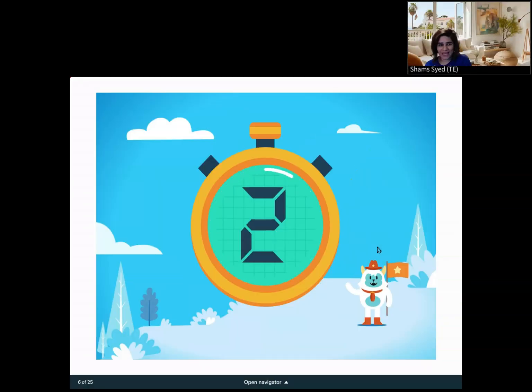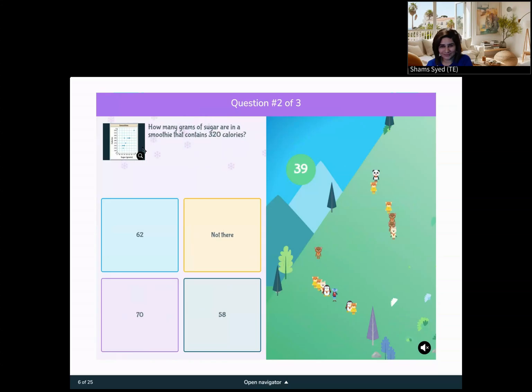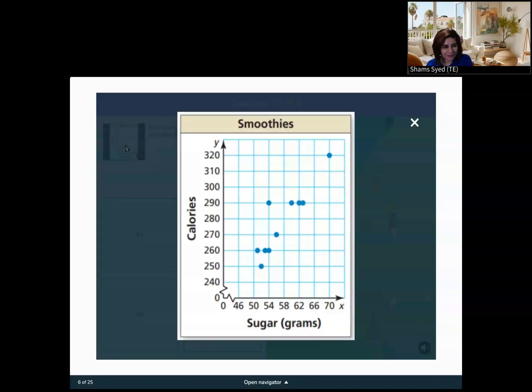Question 2. How many grams of sugar are in a smoothie that contains 320 calories?